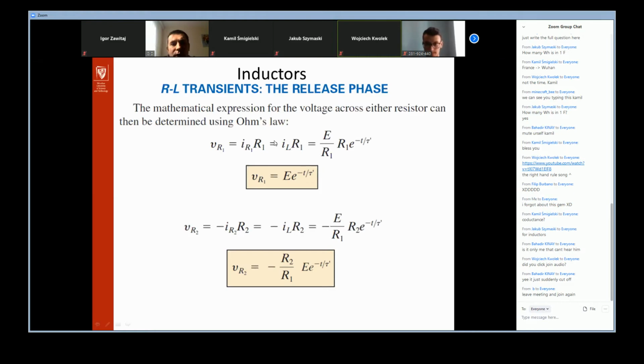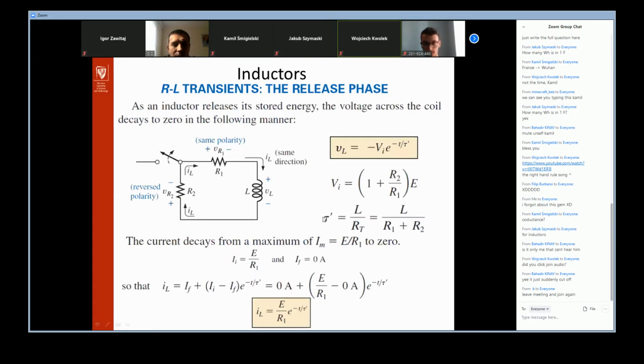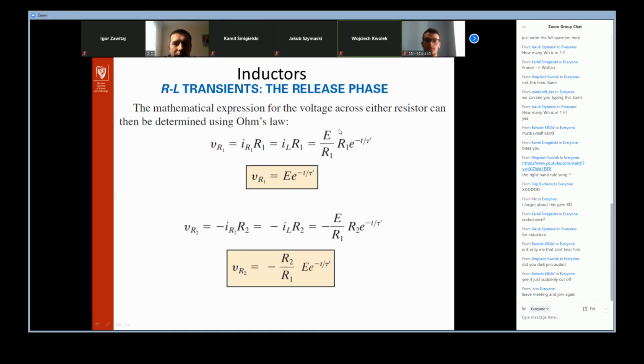Just by IL we have to determine this formula. And as you see, R1 will be multiplied by e to the minus t over tau prime. The same story applies for the VR2.